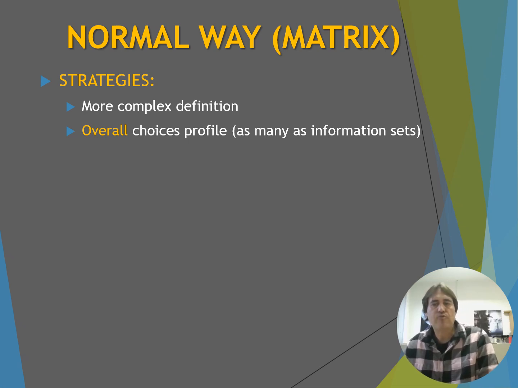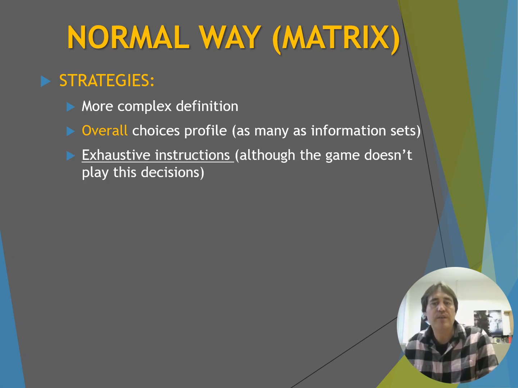That is, a strategy for any player must indicate how this player would move in every potential decision for this player in the game, regardless of whether that point is reached or not in the game. So these are exhaustive instructions for every possible decision for each player.